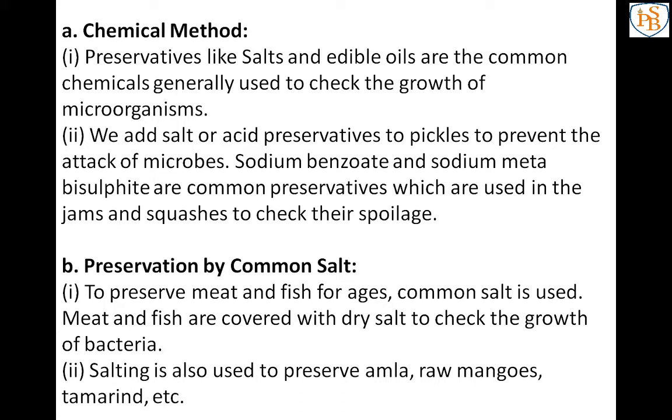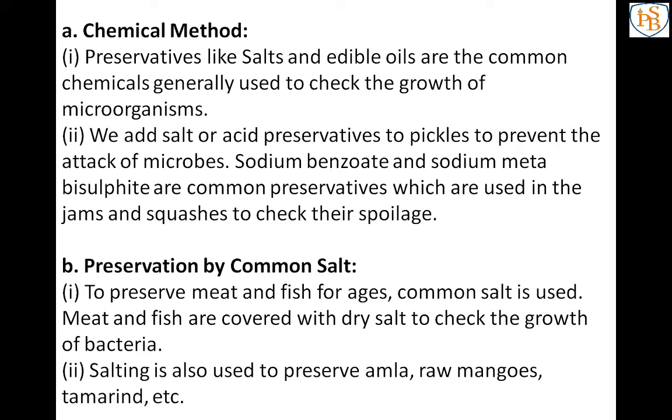When food is spoiled, it emits a bad smell, has a bad taste and changes color. Have you seen that type of food? For example, take a bread and keep it in a moist condition.